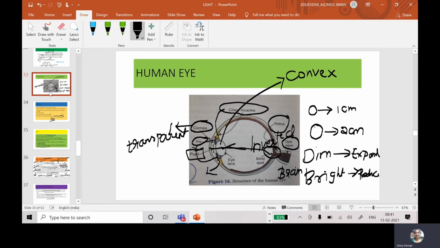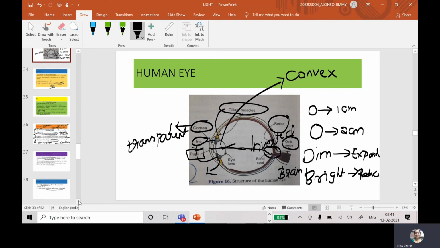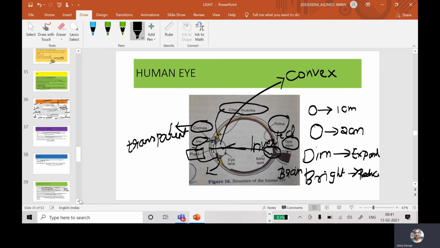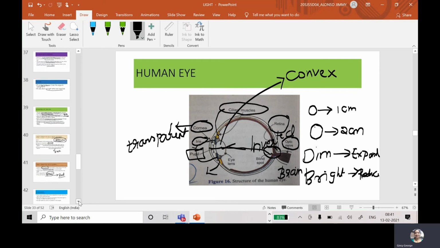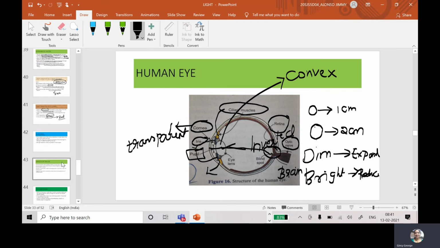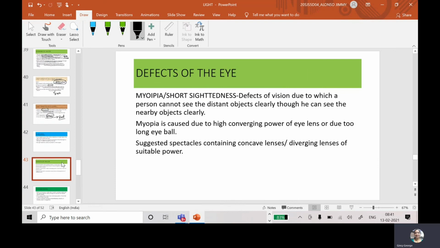Okay. Next we will go to the defects of the eye. I have explained all the parts. What are the defects of the eye? For example, sometimes you are not able to see an object which is kept very close to you. Sometimes you are not able to see an object which is far from you. Or sometimes people such as your grandmother, grandfather or parents who are aged have a problem with vision.